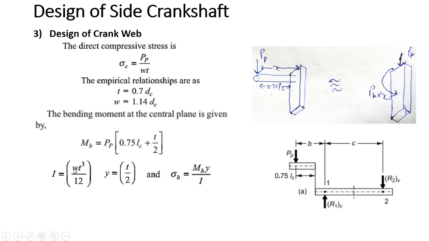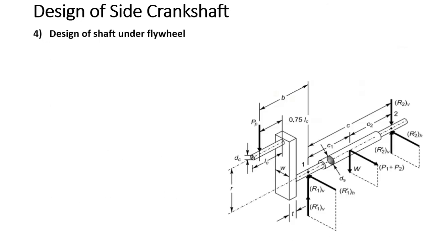Again I will be equal to WT cube by 12, the area moment of inertia. This y will be equal to T by 2, the plane where maximum stress occurs. Sigma b will be equal to, from the bending equation, M upon I equals sigma upon y. So you calculate the value of sigma b from here, and the total compressive stress will be the sum of these two components. And if this stress is less than the allowable stress, then it will be safe. Otherwise the crank web is to be redesigned.